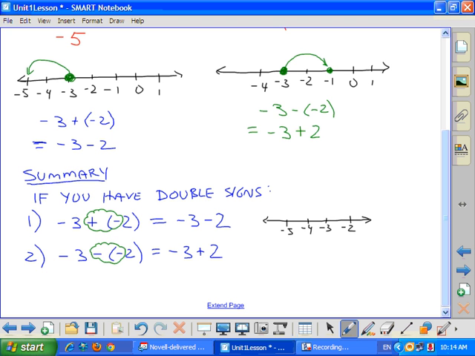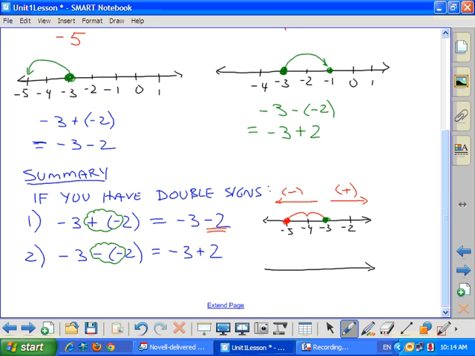Most of you will say, here's -3, and if I take away 2, take away means we move left. So on the number line, if we're subtracting, we always move to the left. If we're adding, we always move to the right. So we're going to move 2 to the left. 1, 2. Now you have an answer of -5.